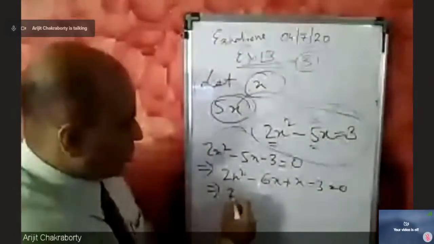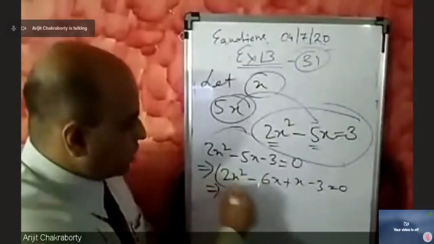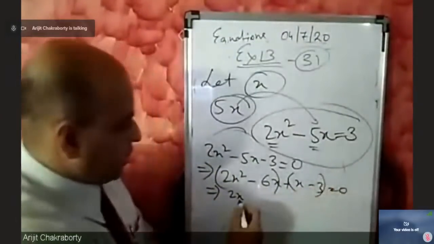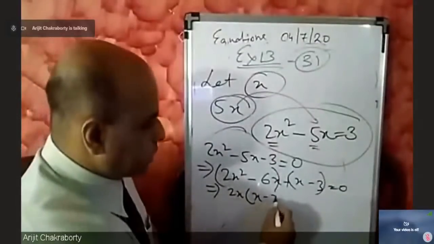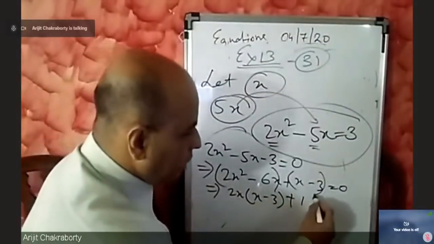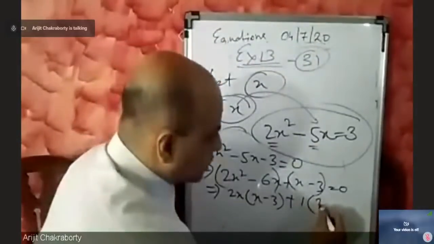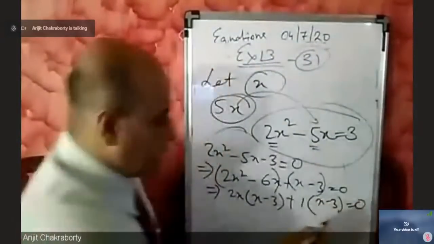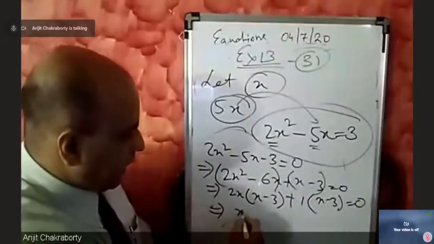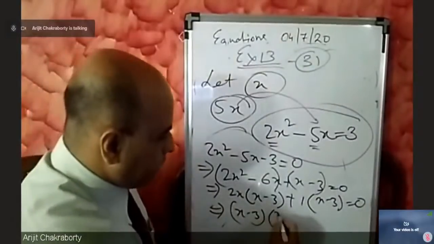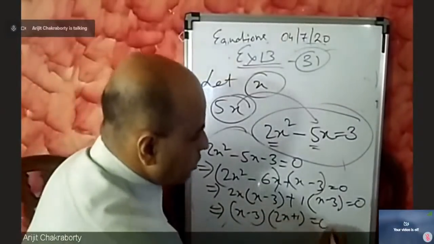We take 2x common from the first two expressions. So if you take 2x common, we get x minus 3, plus 1 times x minus 3 equal to 0. So therefore we have x minus 3 multiplied by 2x plus 1 equal to 0.